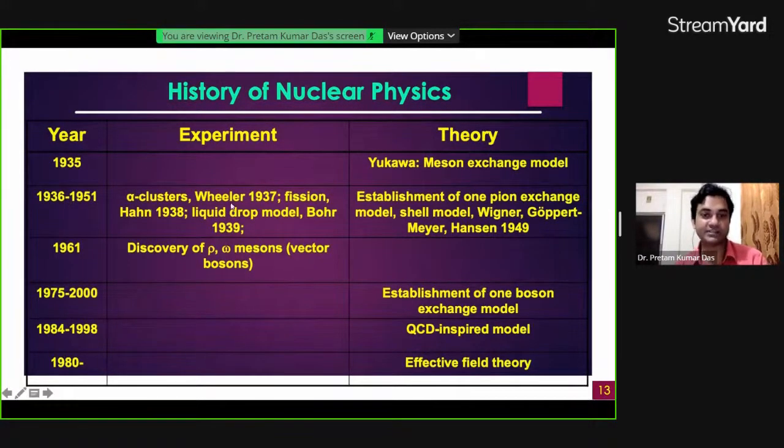So the alpha cluster, Wheeler in 1937, fission, Hahn in 1938, liquid drop model, Bohr in 1939. And the establishment of the one pion exchange model, the shell model, Wigner and Goeppert Mayer, Hansen, 1949. So in 1961, the discovery of rho and omega meson, vector boson, and between 1975 and 2000, there was further development.